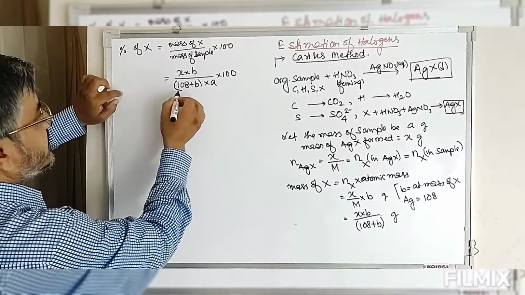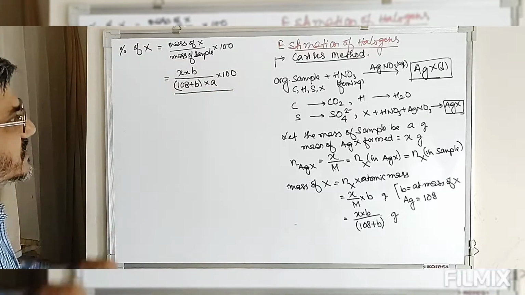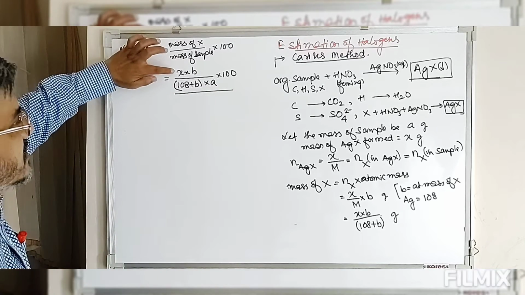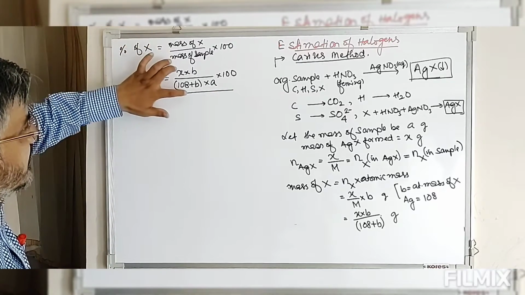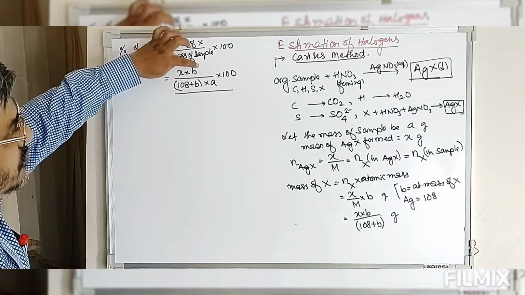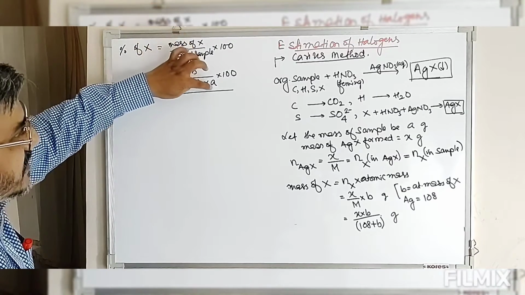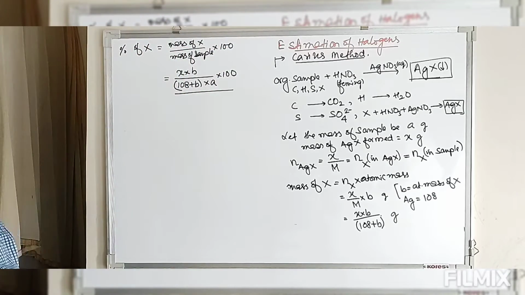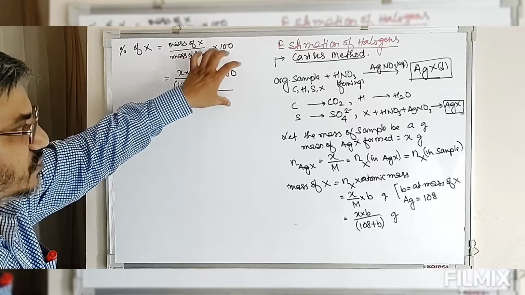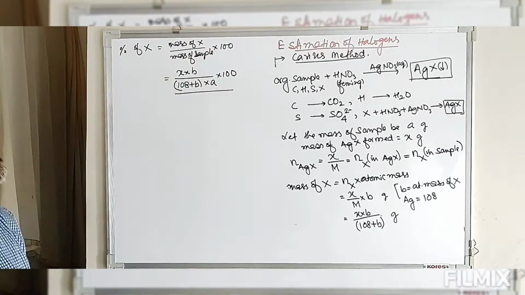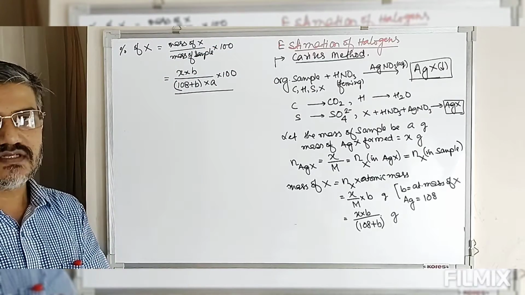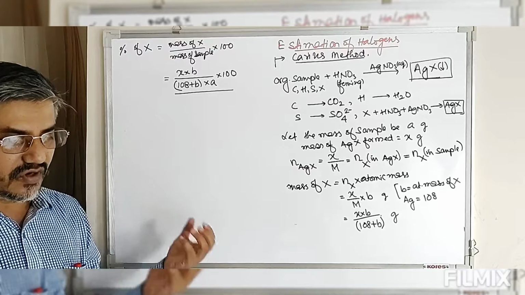So this is the percentage of halogen. So the percentage of halogen is the mass of silver halide formed divided by molar mass into the mass of halogen divided by the mass of sample into 100. Once we have this value, we can easily define the percentage of halogen present in a given sample of organic compound.